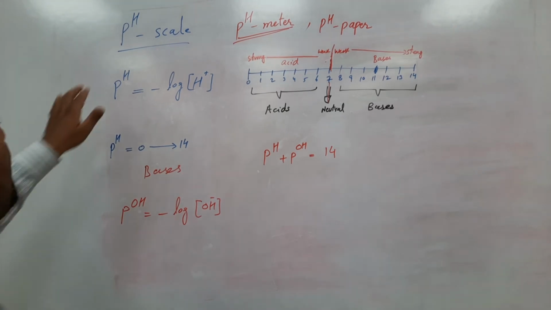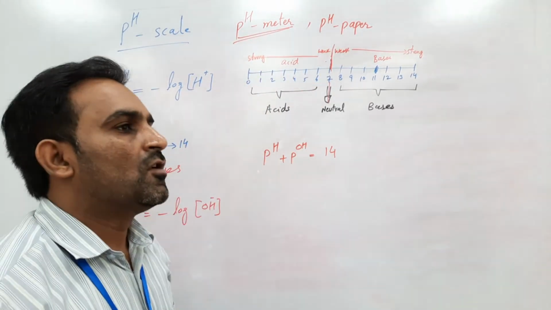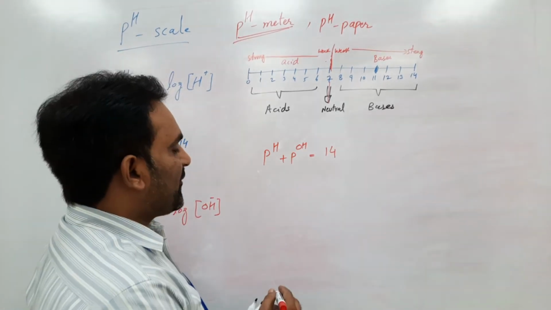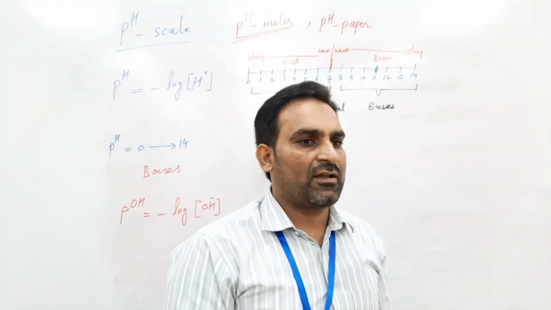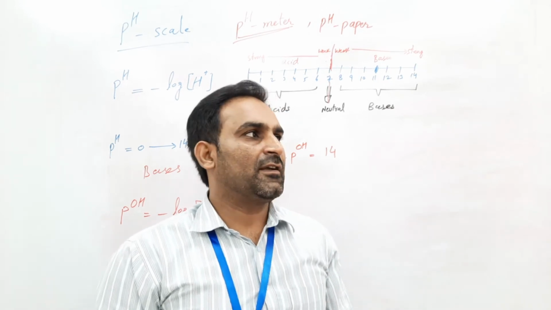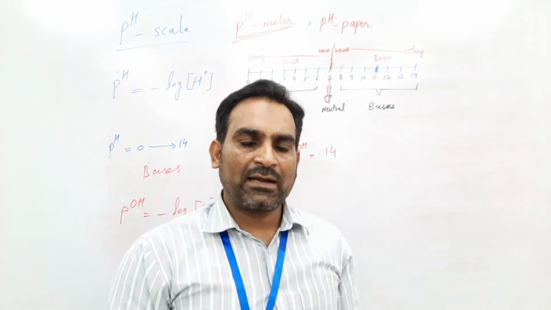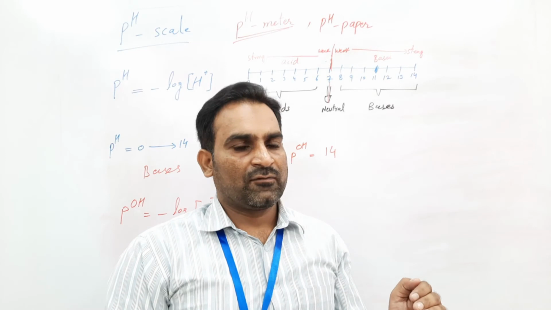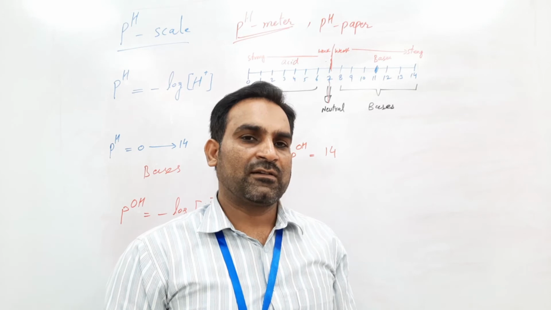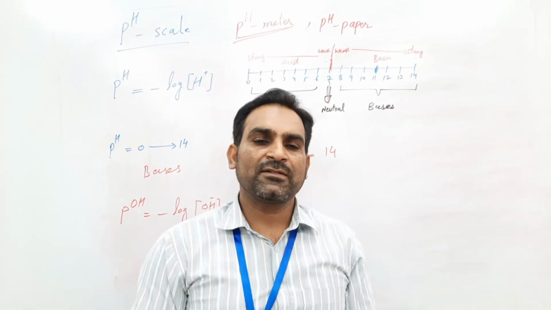Okay. We have the pH scale and then the pH meter and pH paper. pH paper will also give you an estimation of the pH of the solution. In pH paper, usually we have orange or yellow color. If you dip that paper into the solution and it turns red, the solution has changed the color of the pH paper into red, and you call that solution an acid.